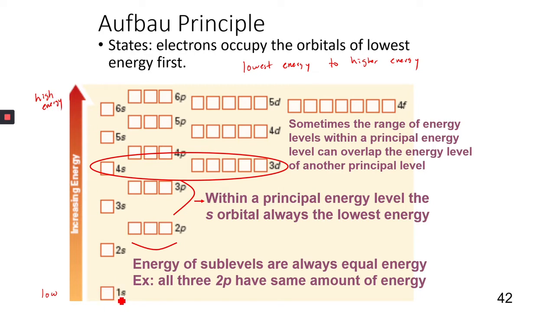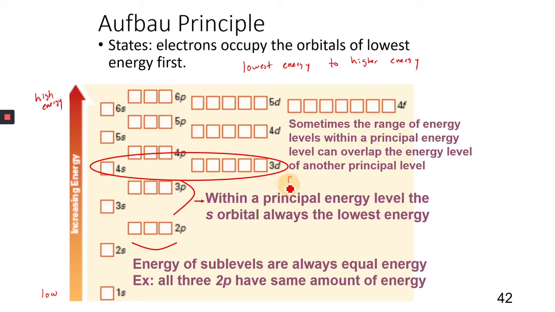So the first sublevel we're always going to fill is the 1s. After the 1s, we'll fill the 2s. After the 2s comes the 2p. Then the 3s, then the 3p, but then when we get to the 4s and the 3d, it gets a little confusing because the 4s is actually lower energy than the 3d.